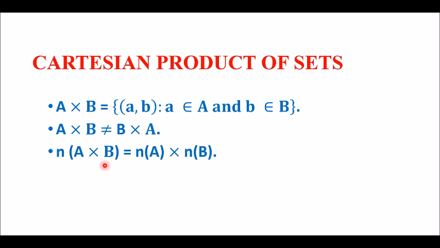That means, what is the number of elements in A cross B? It is the number of elements in A times the number of elements in B. For example, suppose in set A there are 2 elements and in set B there are 3 elements, then in A cross B there would be 2 threes are 6 elements.